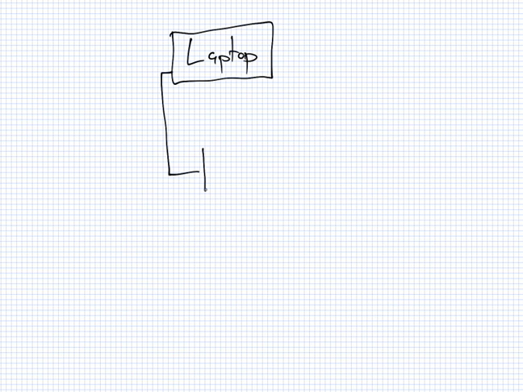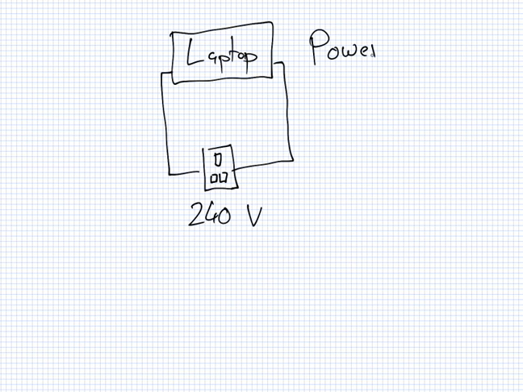So this one here is your laptop and you have it plugged into the wall, and it's 240 volts, and your laptop power is about 40 watts for a laptop.